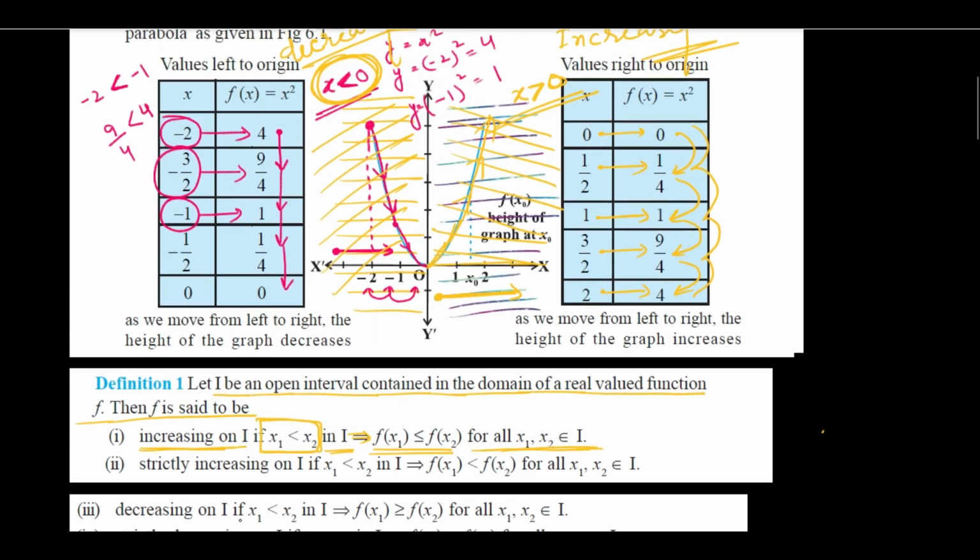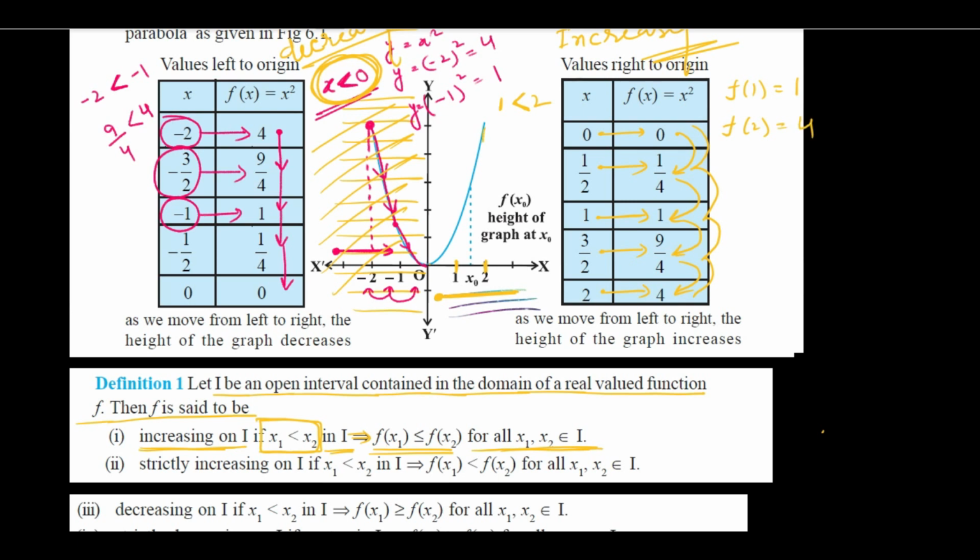Now see the graph. Here we consider two points, 1 and 2, on the right hand side of the origin. Here you can see 1 is less than 2. The value of f(1) is 1 and the value of f(2) is 4.